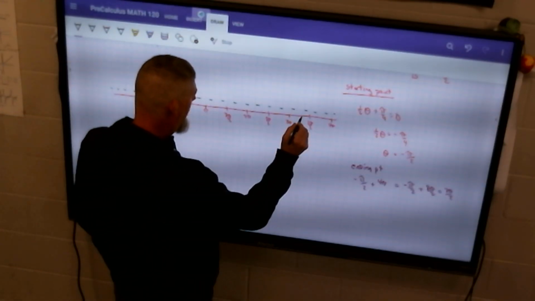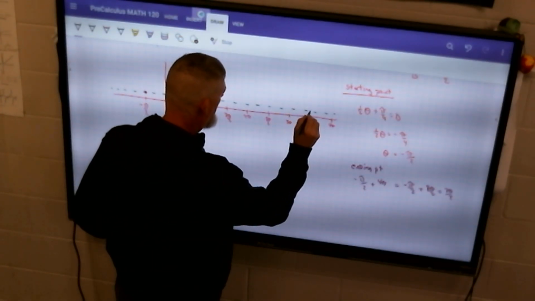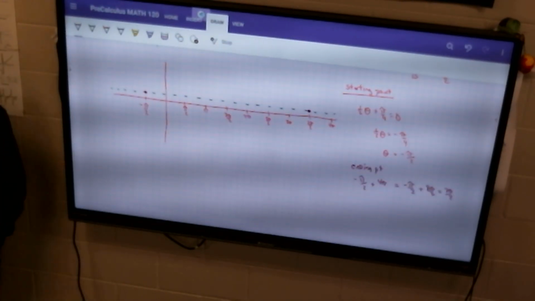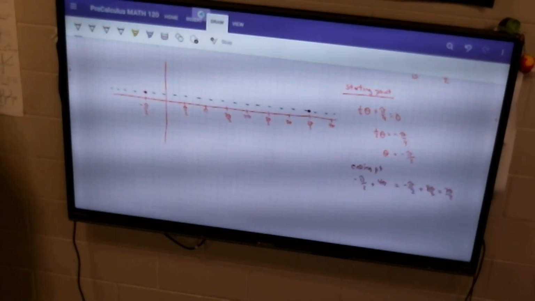So 7 pi over 2 way down here. So we definitely have stretched this one.